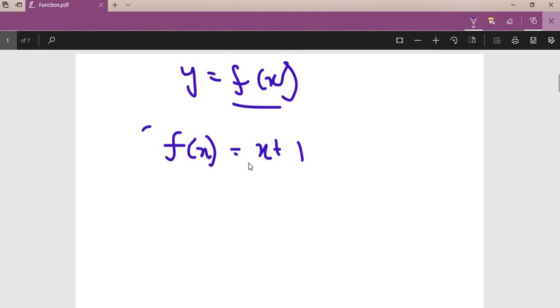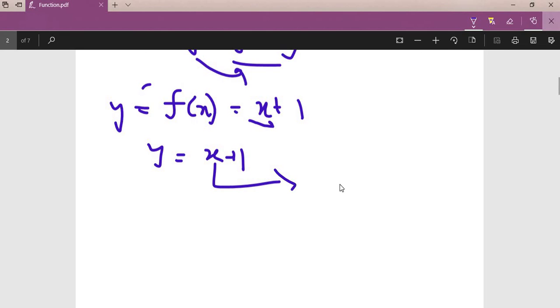Here x is called the independent variable, and y, or f of x, is as I mentioned above, y is equal to f of x, so we can write directly y is equal to x plus 1, because y and f of x are equal. So x is called the independent variable, while y is called the dependent variable, because the value of y is dependent on x. If the value of x is 1, the value of y in this case is 1 plus 1, 2, so the value of y is 2.